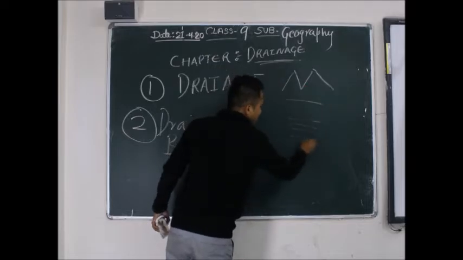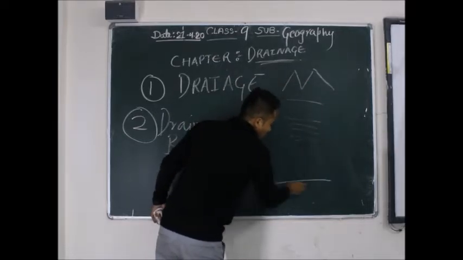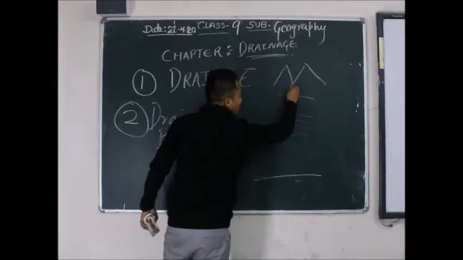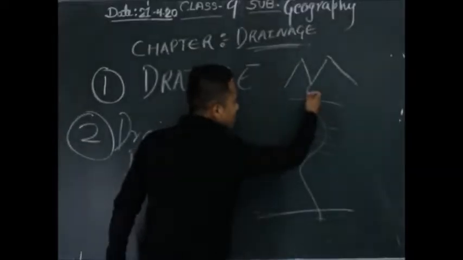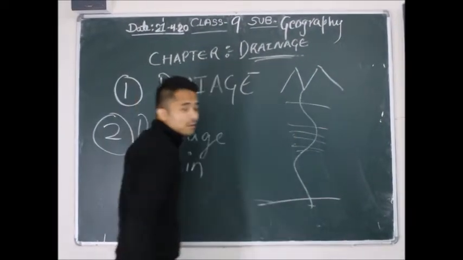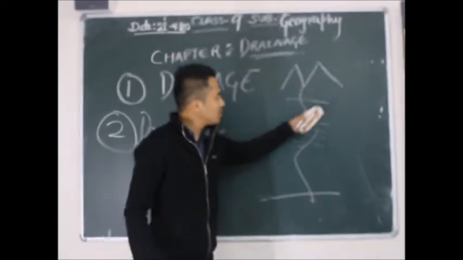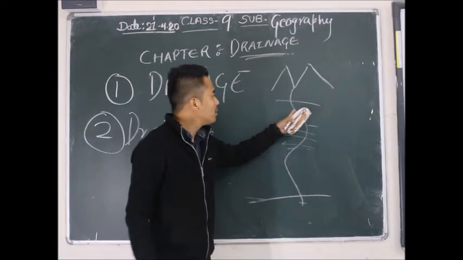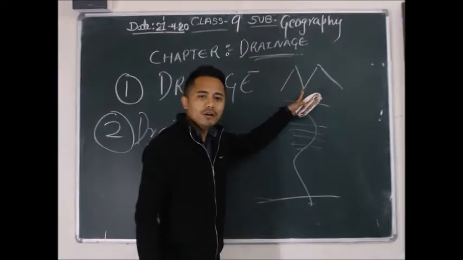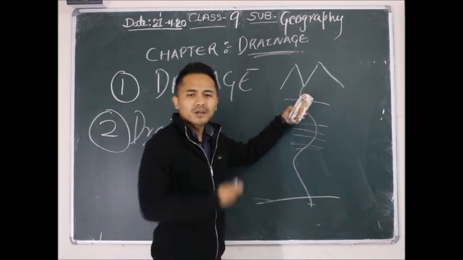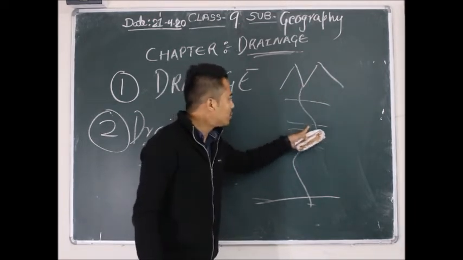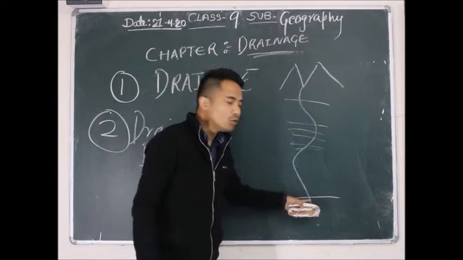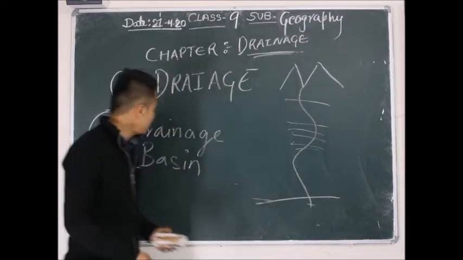This is the plains, and this is the ocean. The area which the river covers is the drainage basin. When the river was not there, there were landmasses, yes or no? And when the river occurred from the source, from the mountains, from the glaciers, due to the melting of the snow, the area it covered is known as the drainage basin.